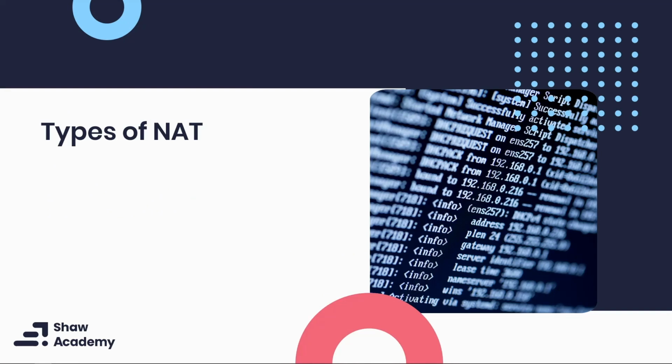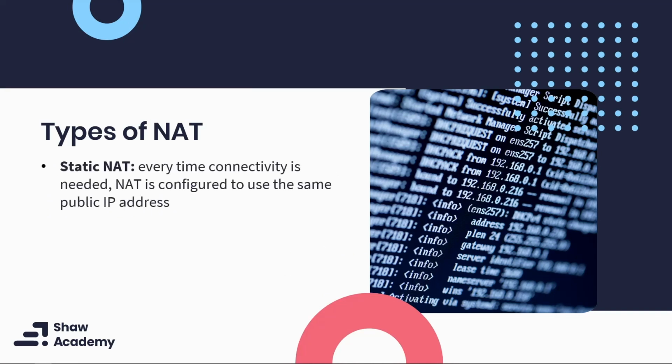These are static NAT. Similar to static IP addresses mentioned earlier, every time connectivity is needed outside the LAN, the NAT is configured to use the same public IP address. Now, this IP address is manually configured to the router. Then we have dynamic NAT.